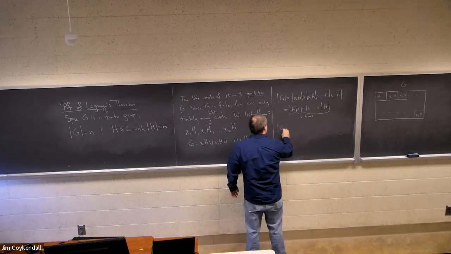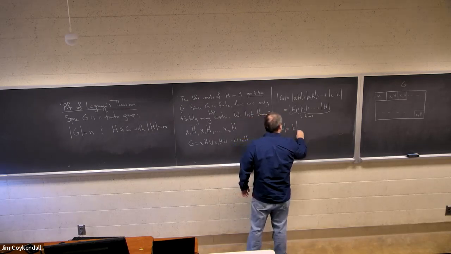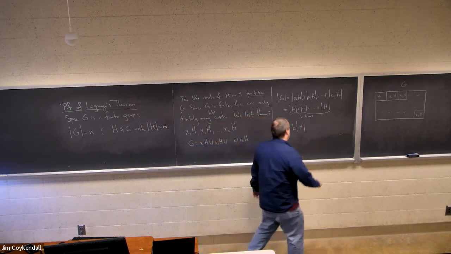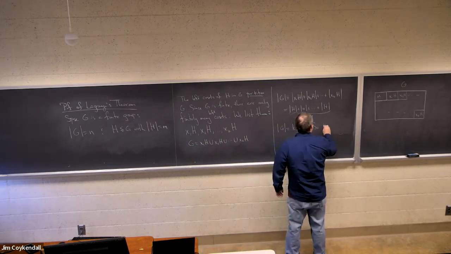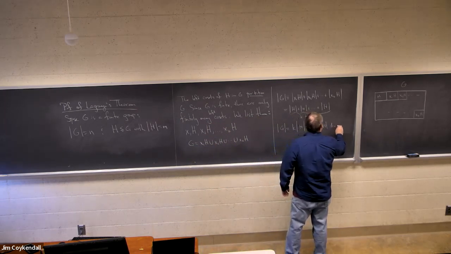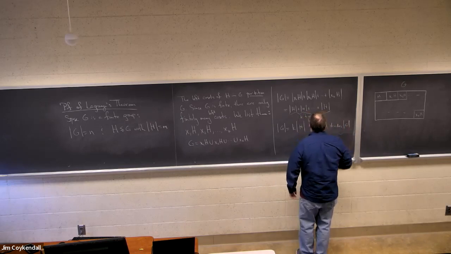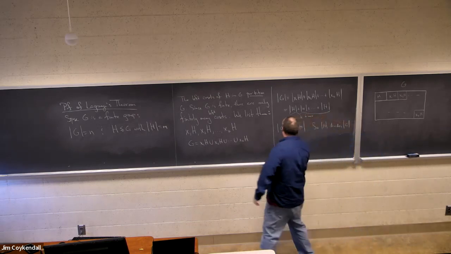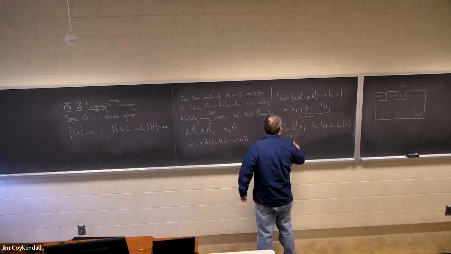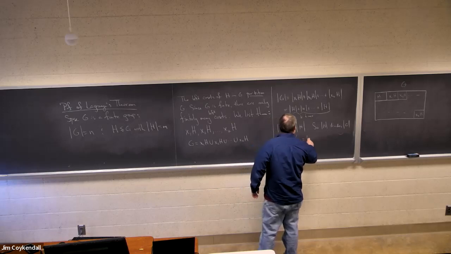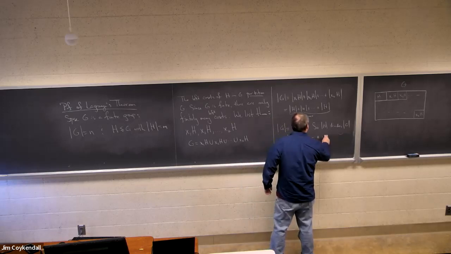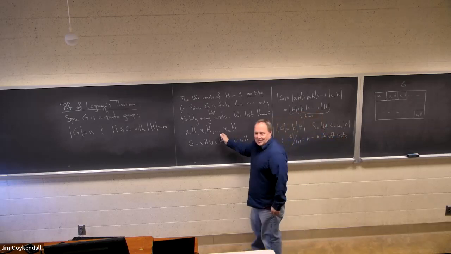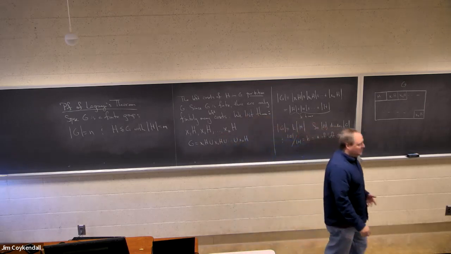So the order of G is K times the order of H. So the order of H divides the order of G, right? Because the order of H times an integer is the order of G, and the order of G divided by the order of H is K, which is the number of cosets. Remember, that's our exhaustive list of left cosets, and there are K.